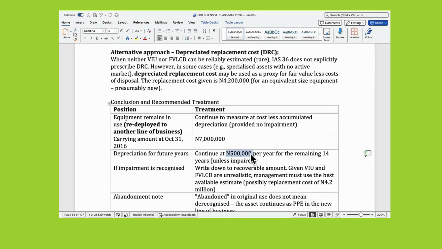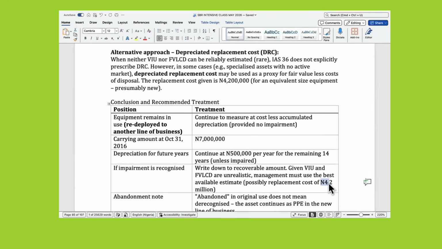And also, if you decide to impair this asset, we will need to write it down to its recoverable amount. But given that the value in use and the fair value less cost to sell, they did not give us, management can use the replacement cost.